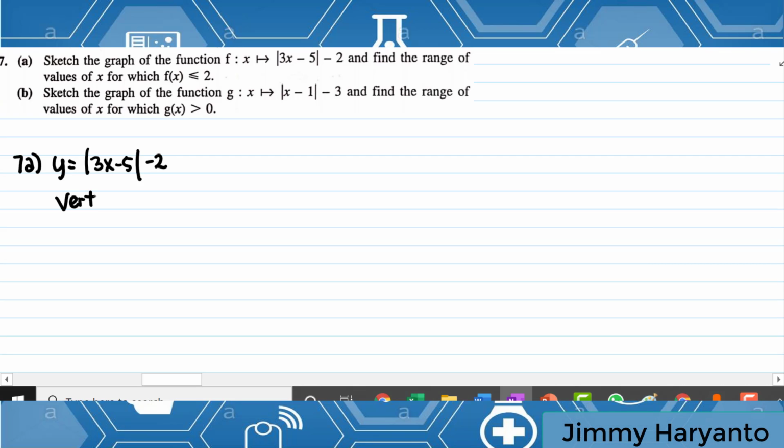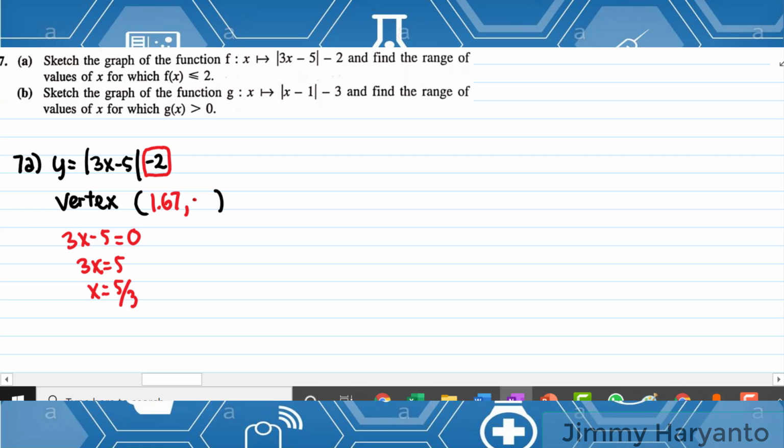We have to find the vertex first. The vertex will be 3x minus 5 equals 0. So 3x equals 5, x equals 5 over 3, or we can say 1.67. Comma, and then the last number is -2, so the vertex is (1.67, -2).